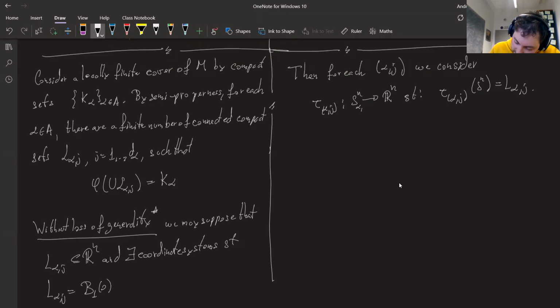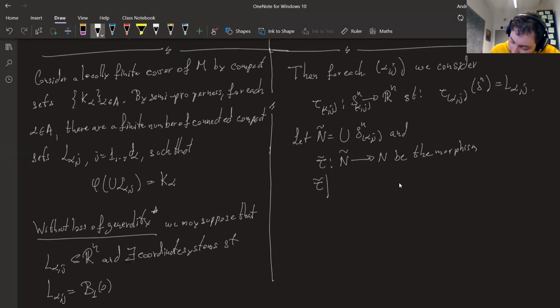Let N be the union of all of them, and let theta tilde from N to N be the morphism with restriction to each one of the Sn alpha j's equal to theta of alpha j.